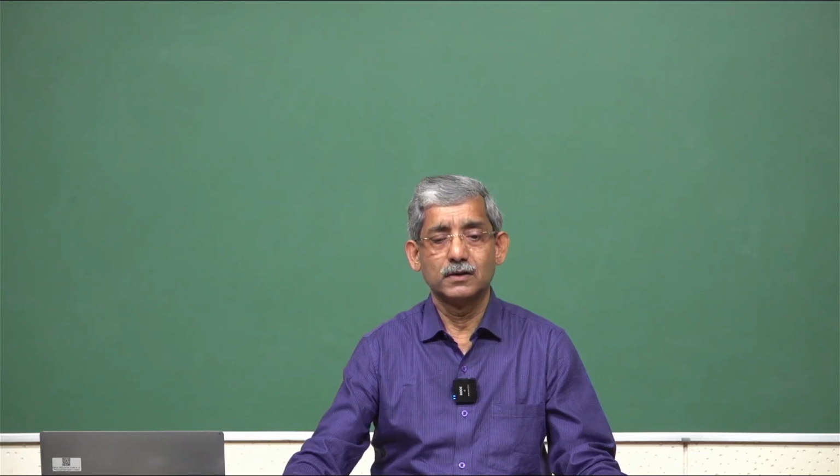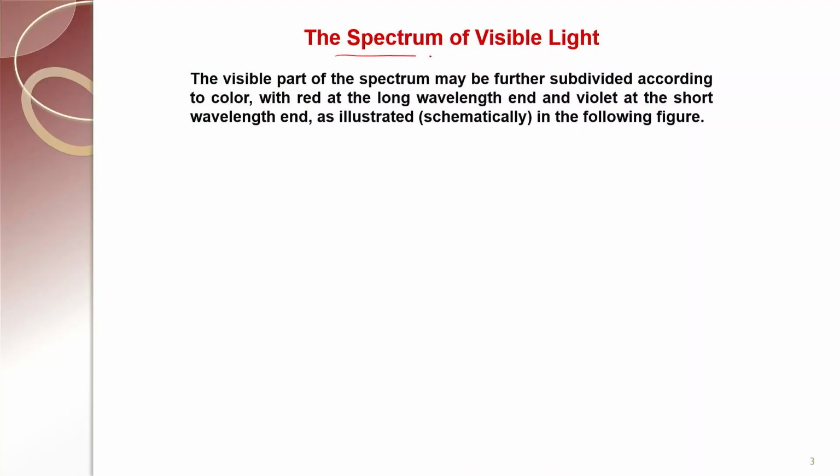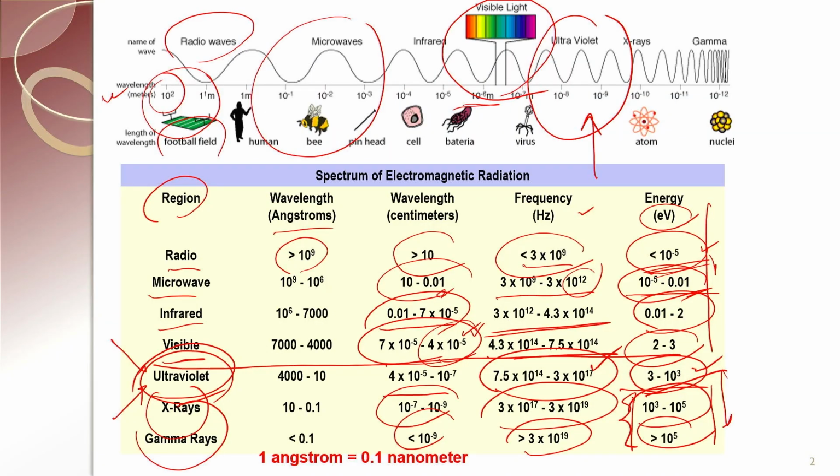Now, if we try to understand the spectrum of visible light, in the earlier situation we have discussed this is the range of visible light.